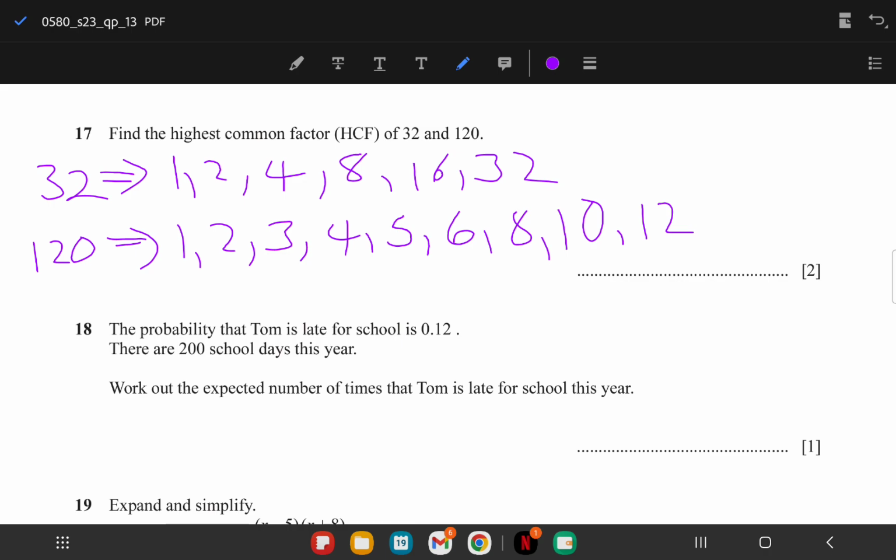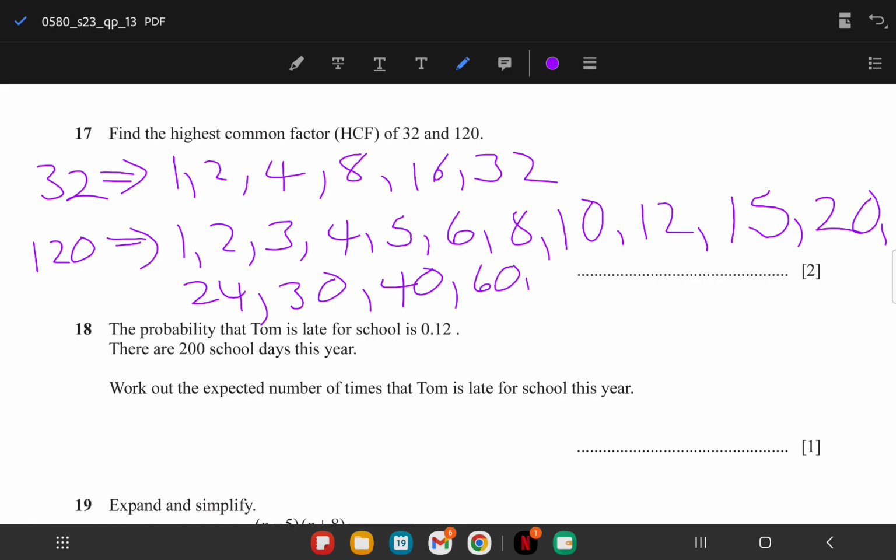So I've hit 10 and 12, so now I am going backwards. 120 divided by 8 gives me 15. 120 divided by 6 gives me 20. 120 divided by 5 gives me 24. 120 divided by 4 will give me 30. 120 divided by 3 will give me 40. 120 divided by 2 will give me 60. And 120 divided by 1 will give me 120 itself.